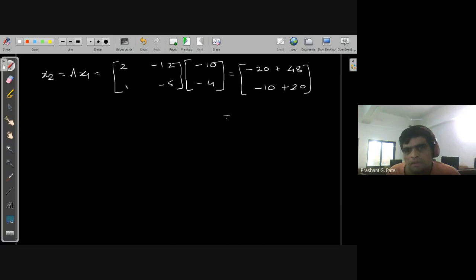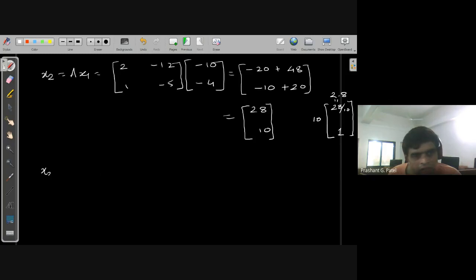If you simplify this, this gives me (28, 10). What is the maximum value here? You can take out 10. So it is 28 by 10, which we can write as 2.8, and 10 by 10, which we write as 1.